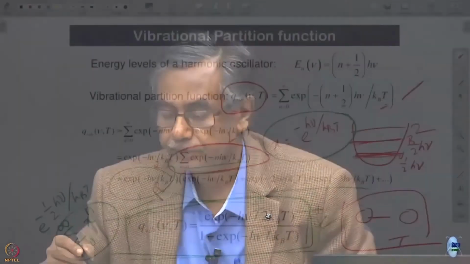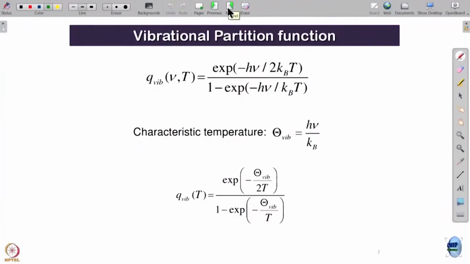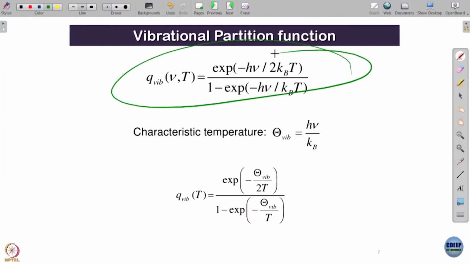So now this beautiful expression that I have here, I am going to use that. Let me rewrite it, because we love this expression: e to the power minus h nu by 2 kBT over 1 minus e to the power minus h nu by kBT. Now I introduce a characteristic temperature.